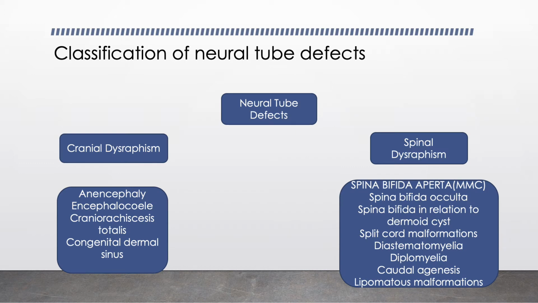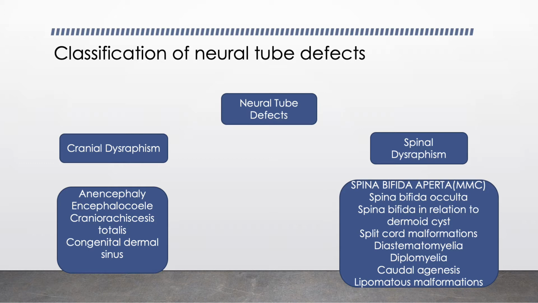So classification of neural tube defects in terms of cranial dysraphism and spinal dysraphism includes these types of conditions. Under cranial dysraphism, we have anencephaly. In anencephaly, the baby is born without a significant part of the brain, the skull, and the scalp. This occurs as a result of failure of closure of the cephalic part of the neural tube.